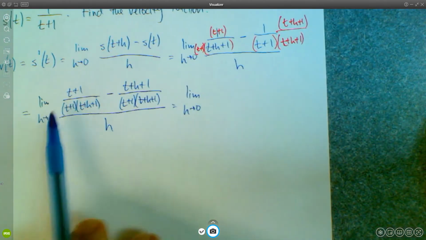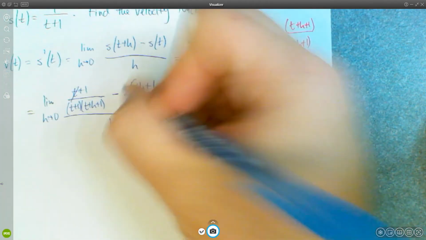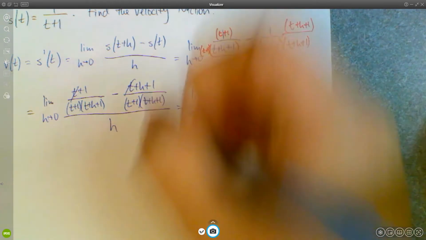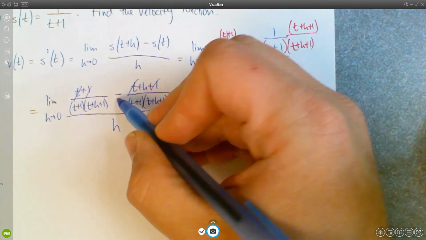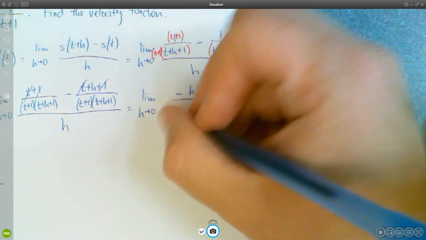So now, when I do the subtraction, I have t minus t, so those will cancel. And I have 1 minus 1, so those will cancel. I'll just be left with a negative h in the numerator.